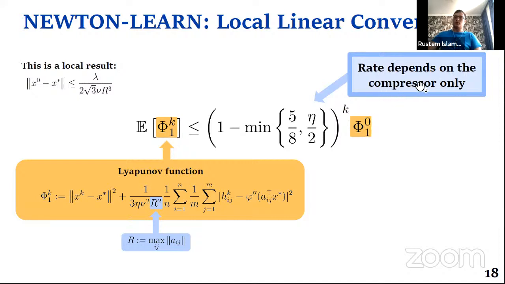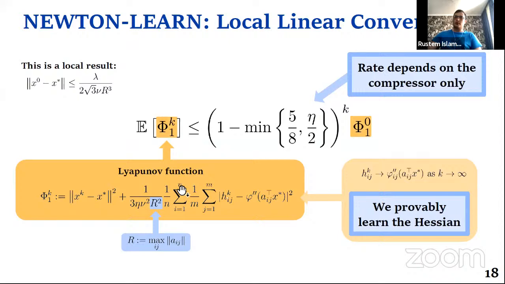It only depends on the compressor, just because it only depends on the compression variance. So it means that our desire is satisfied. Also, since our Lyapunov function converges, our desire about convergence of Hessians is also satisfied.